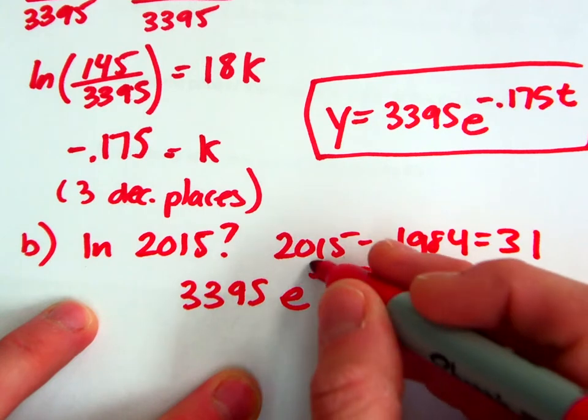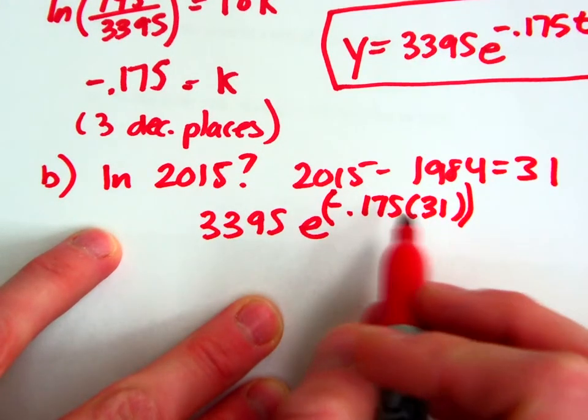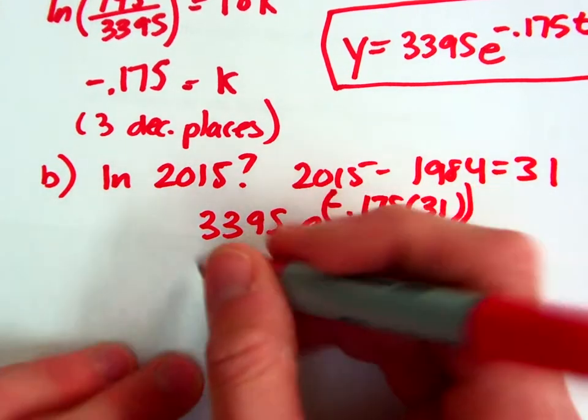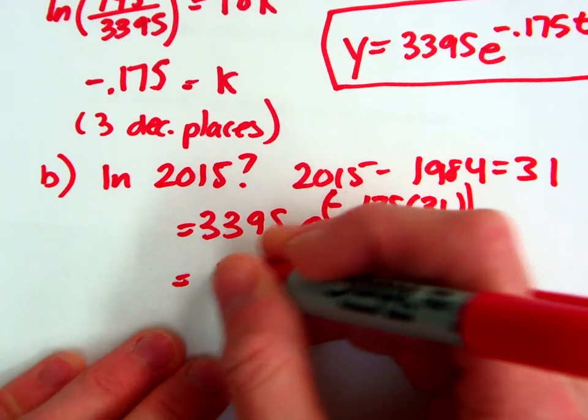Be careful when you put this in the calculator. You want to make sure that you get the whole exponent, e to the whole exponent. If we do this in the calculator, you should get around $15.